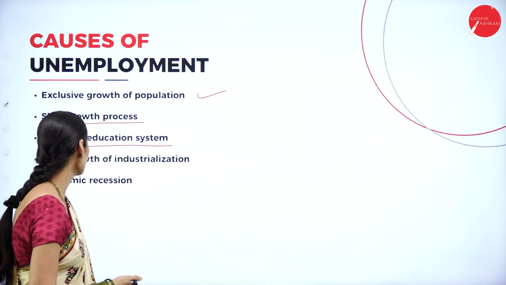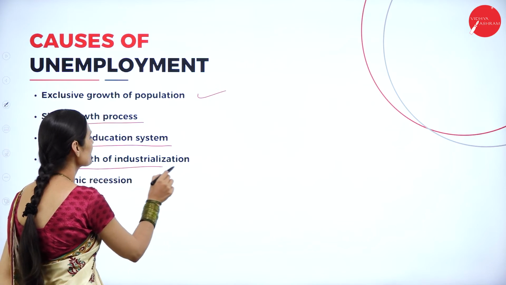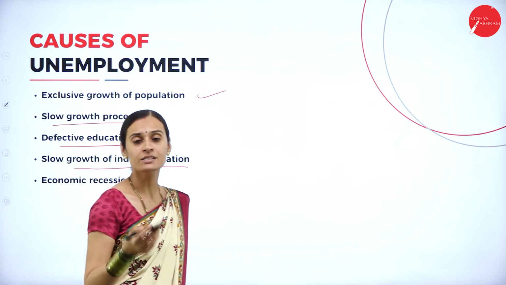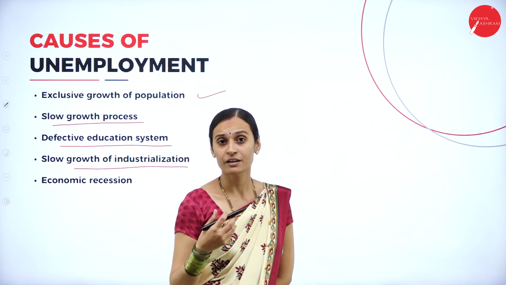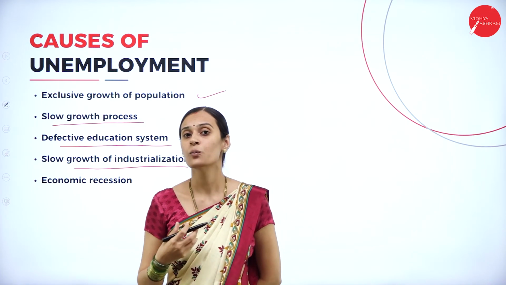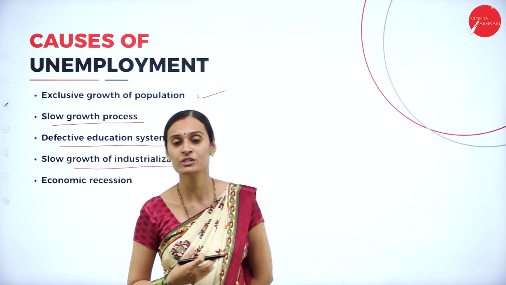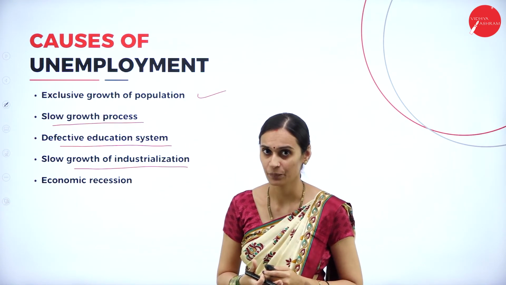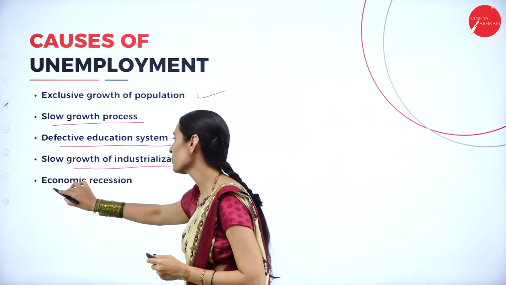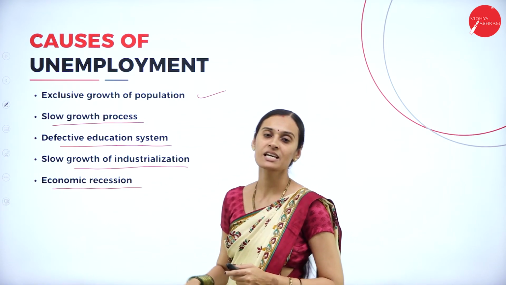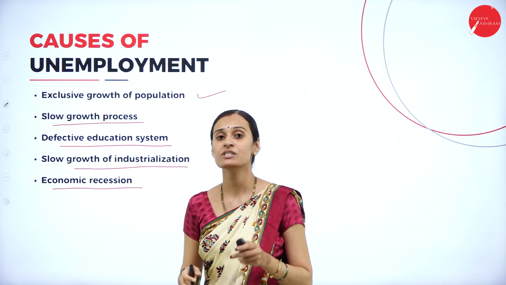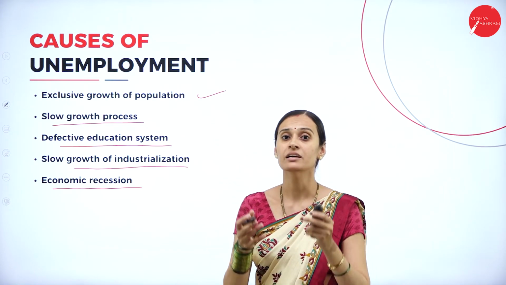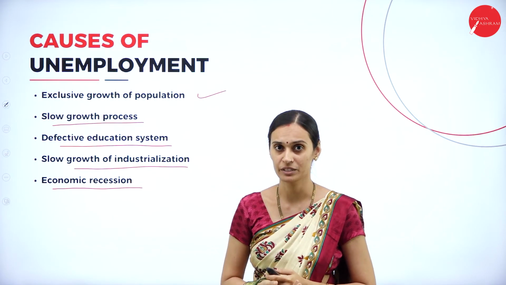Okay. Next one, slow growth of industrialization. After the agriculture sector, industry is considered the secondary sector, and industrialization shows an increase in employment opportunities, but the growth rate of industrialization is very less. And the next one, economic recessions. This is the major problem which has directly affected the economic system of our country by increasing the rate of unemployment.